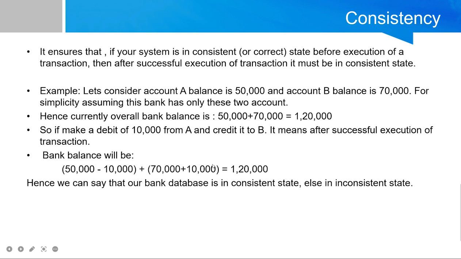In that case, we know our data is not correct, because with a transfer within a bank from account A to account B, the overall state must be 1,20,000, which is now 1,10,000. So we say that our system is not in a consistent state.